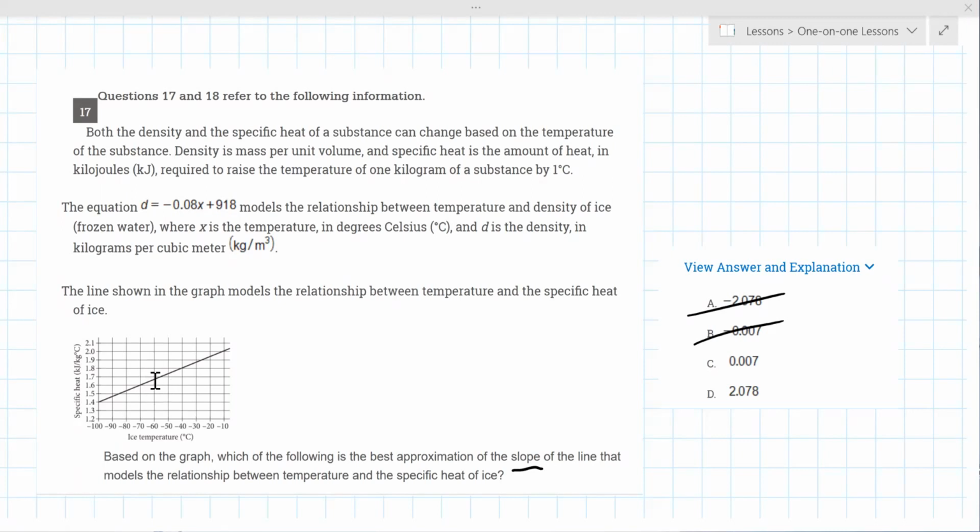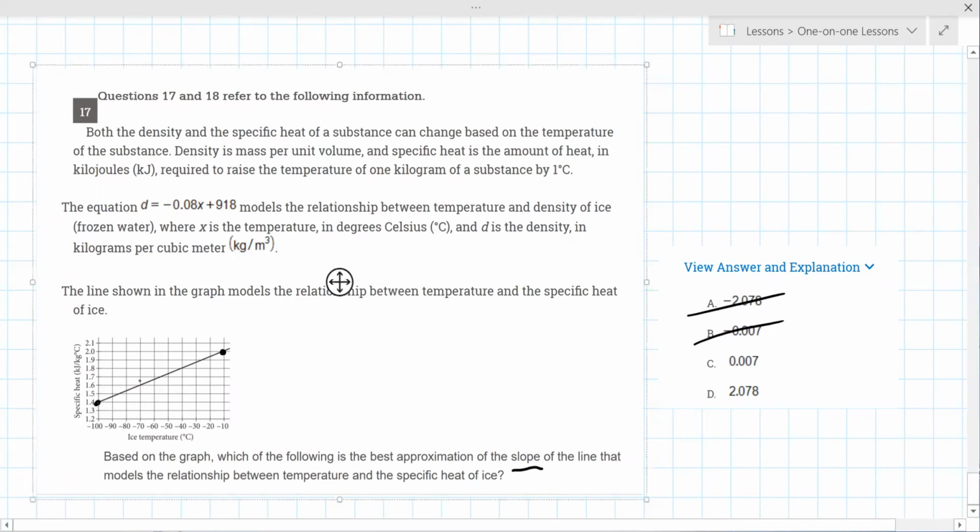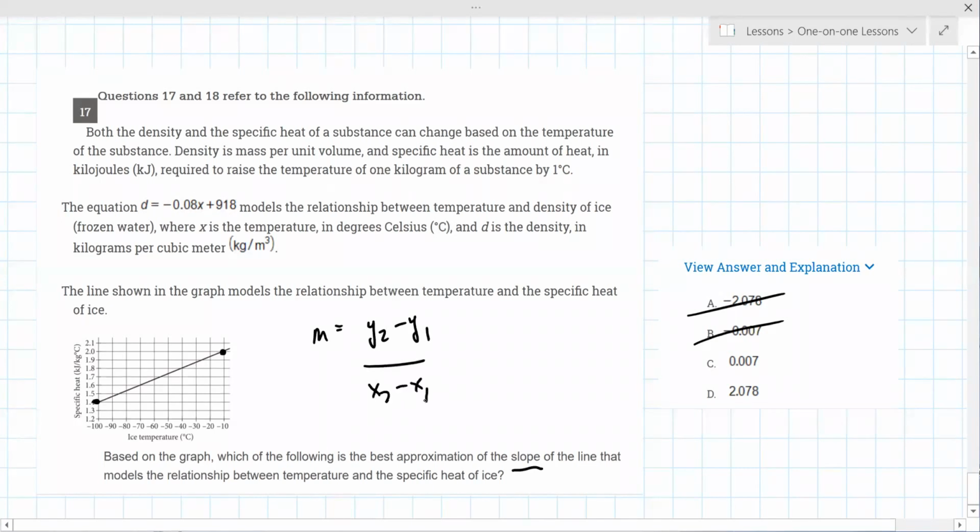So what would you do to find the slope? Well, you could just do rise over run. Right, and if you pick places far enough apart, that might help here. But its slope is y2 minus y1 over x2 minus x1.